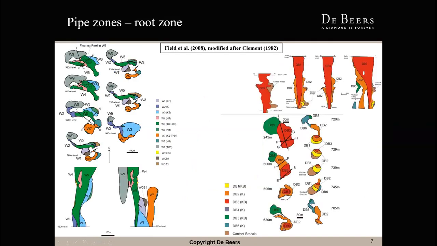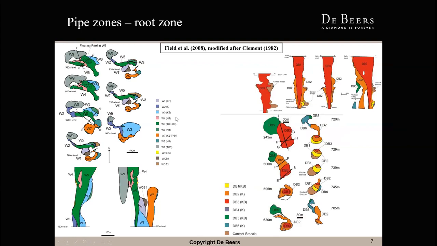If we go to the root zones now, starting in the kimberlite pipe from the bottom upwards, on the left-hand side you'll see some sections and plan views from the Wesselton pipe in Kimberley, and on the right-hand side from De Beers pipe. You'll notice immediately the very irregular shapes of these plan views.